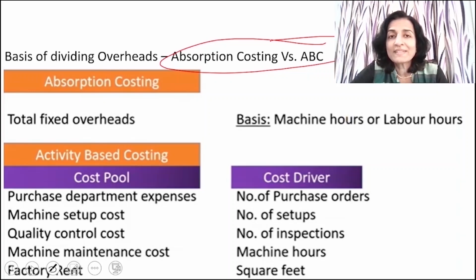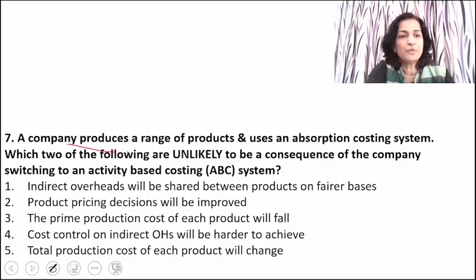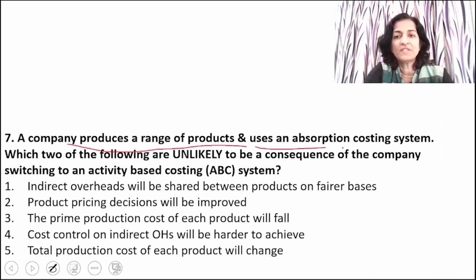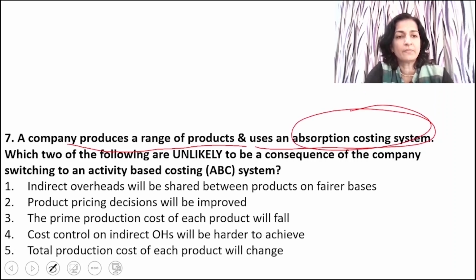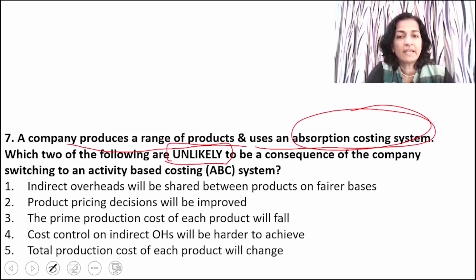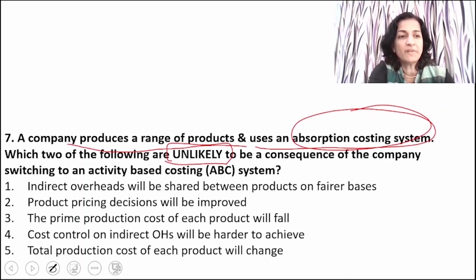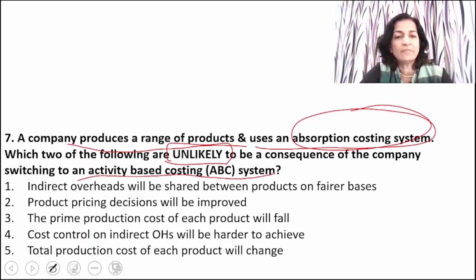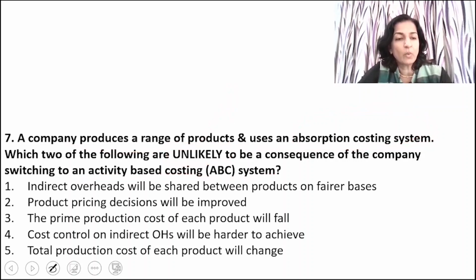Now let's tackle question number 7. A company produces a range of products and uses an absorption costing system. Which two of the following are unlikely to be a consequence of the company switching to an activity-based costing system? Unlikely means not likely to happen. Statement 1.